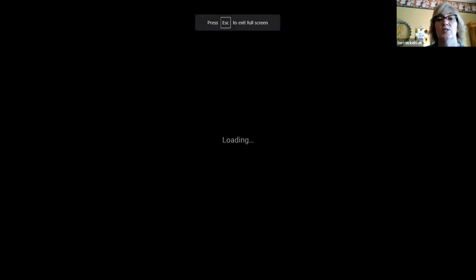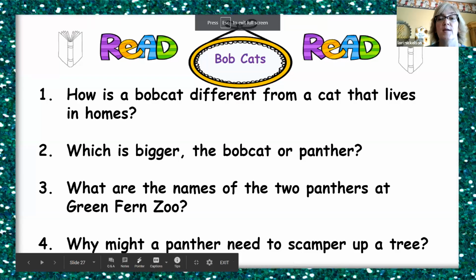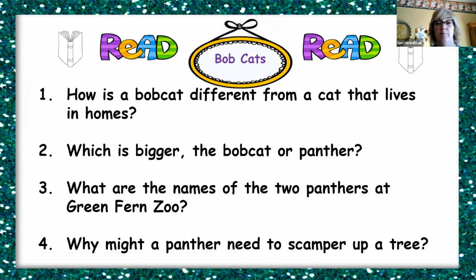So let's ask some questions. How is a bobcat different from a cat that lives in homes? Well, it's a little bit bigger and it doesn't eat cat food, does it? It eats rats and rabbits. Yeah. Okay, which is bigger, the bobcat or the panther? Panther is much bigger. What are the names of the 2 panthers at the Green Fern Zoo?